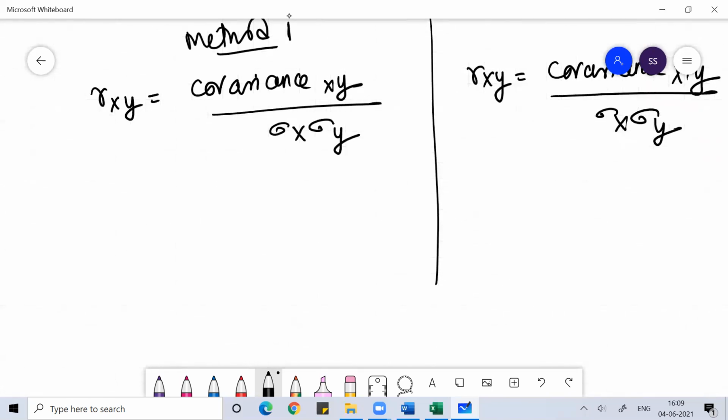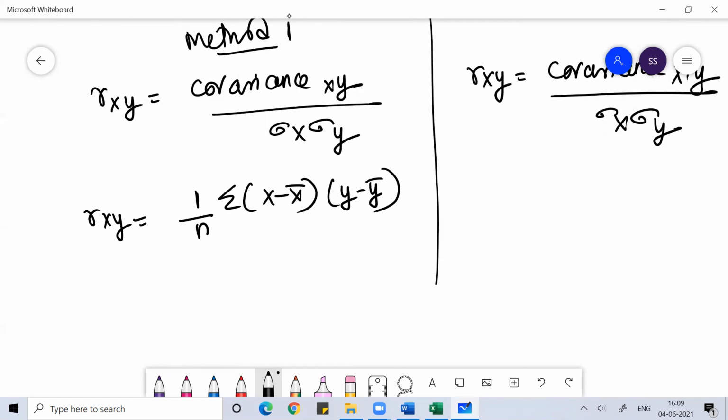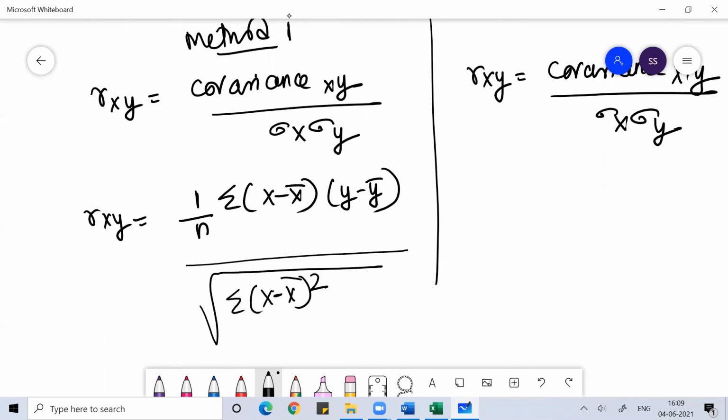Then you can write r of xy is equal to covariance between x and y. You can use one formula: 1 by n summation of x minus x bar into y minus y bar. Okay, this is one way. This is covariance divided by the standard deviations: square root of summation of x minus x bar whole square by n into summation of y minus y bar whole square by n.